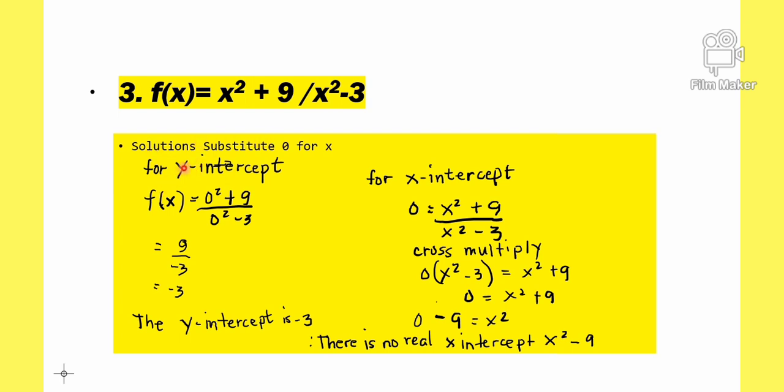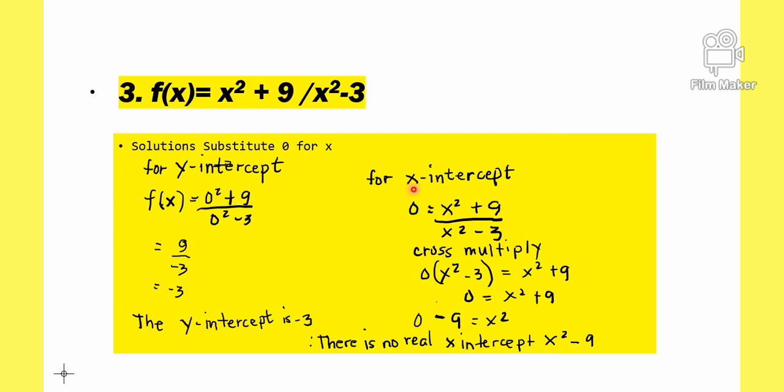Take note, y is equal to f(x). f(0) = (0 squared plus 9) divided by (0 squared minus 3). The remaining will be positive 9 divided by negative 3. So 9 divided by negative 3 will be negative 3. Therefore, the y-intercept is negative 3.